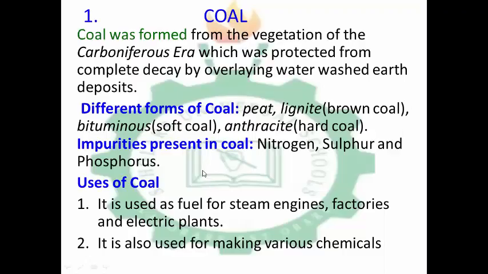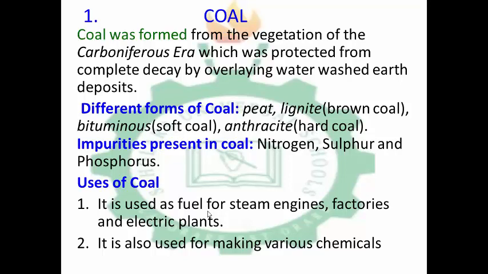We can consider the uses of coal. Let's take a look at the uses of coal here. One, coal is used as a fuel for steam engines, factories, and electric plants. When we say steam engine, for example, some of the trains that were available in those days, and are still available today, actually use steam engines.